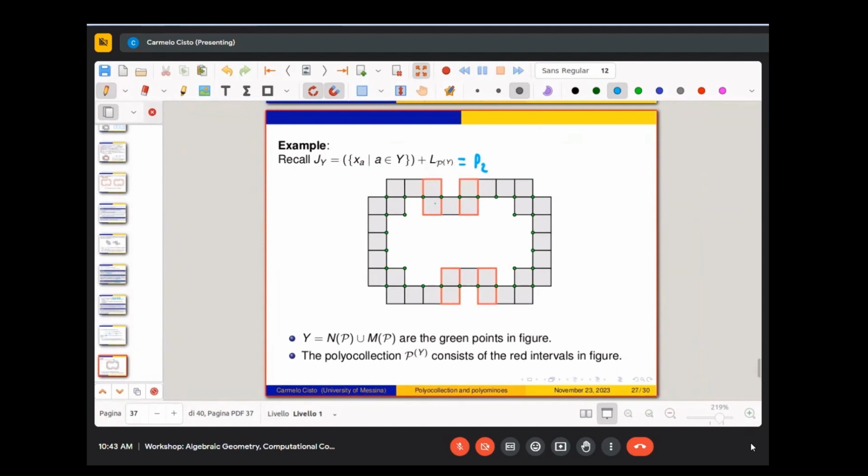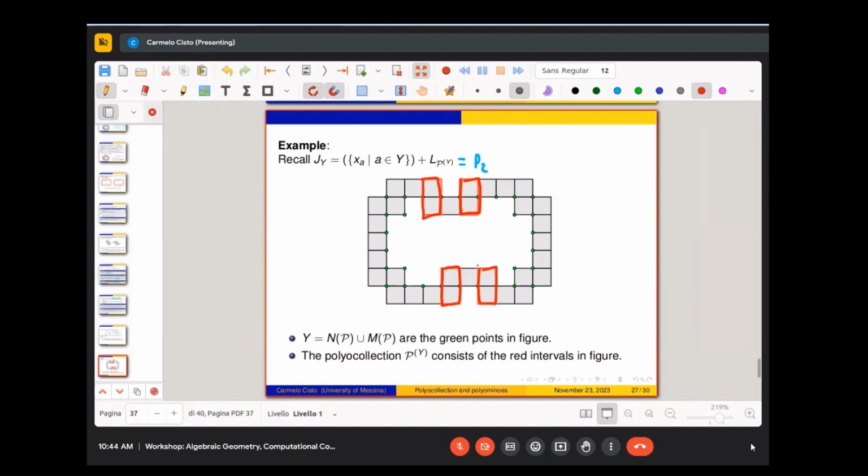PY is the union of these red intervals. So here the polyomino collection PY contains exactly 4 disjoint intervals. So it is trivially a polyomino collection.